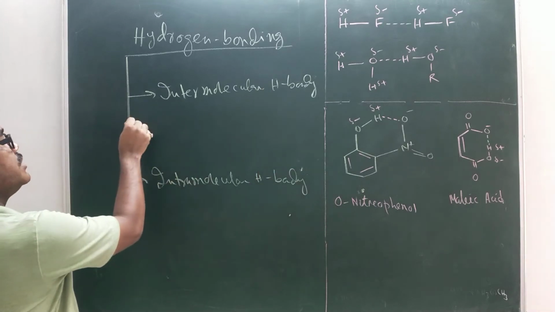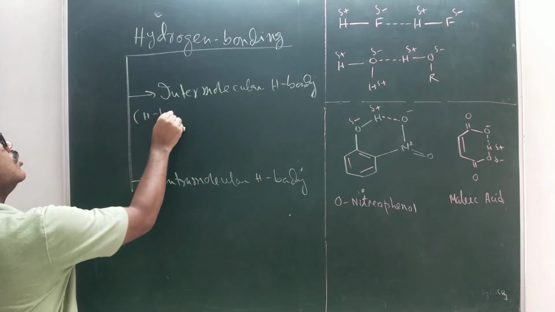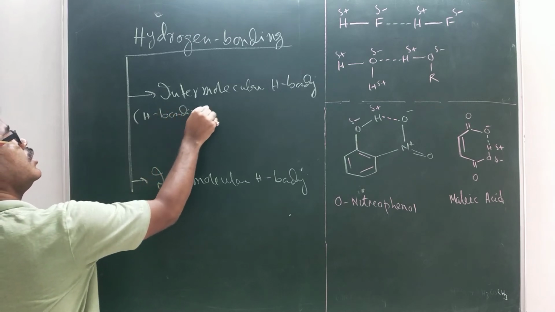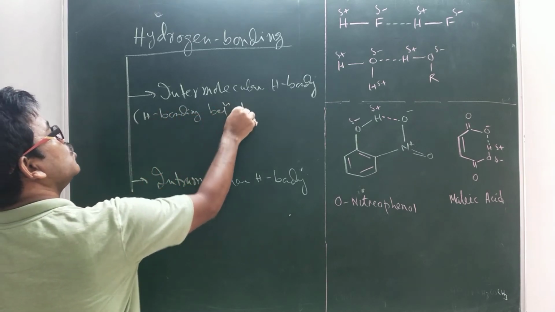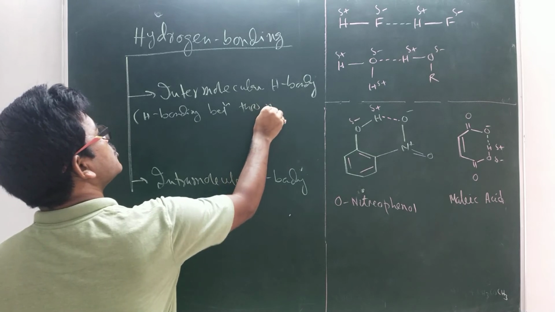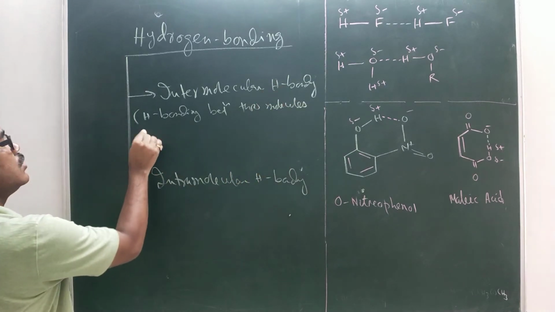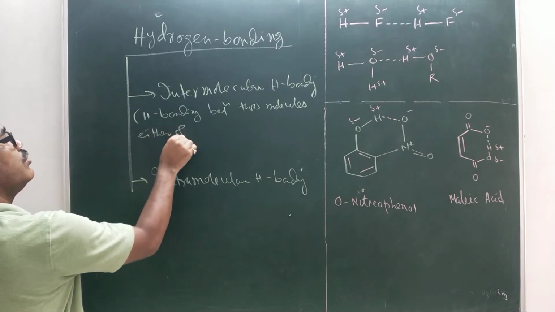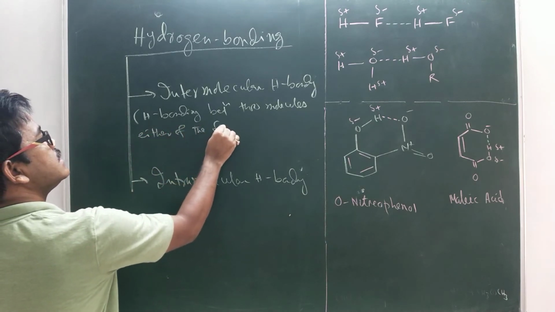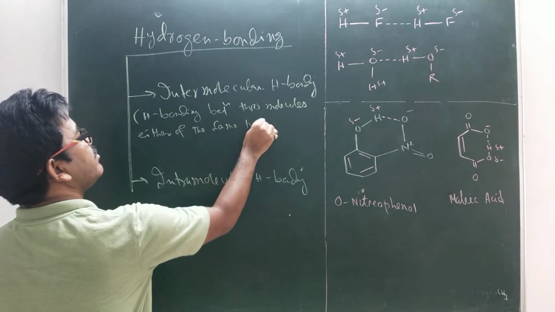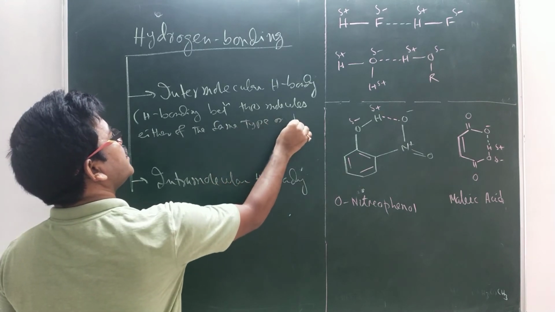Intermolecular hydrogen bonding means hydrogen bonding between two molecules, either of the same type or different type.